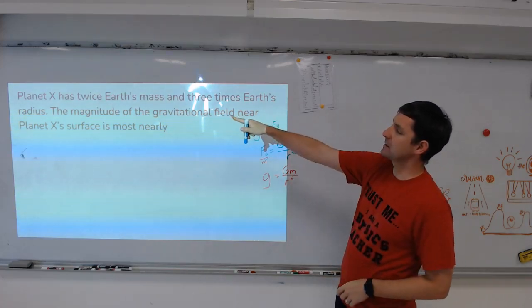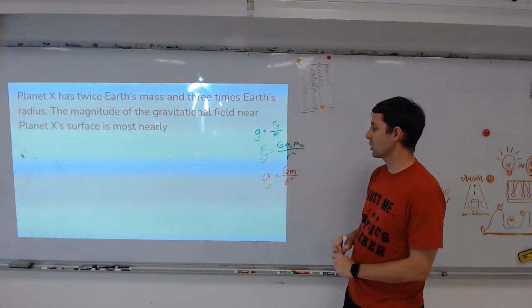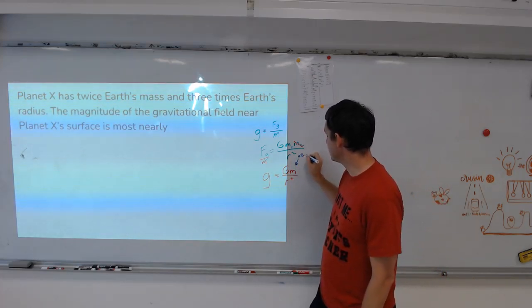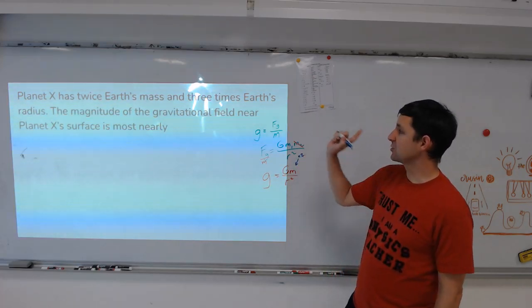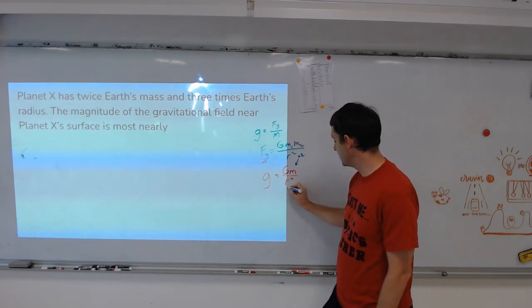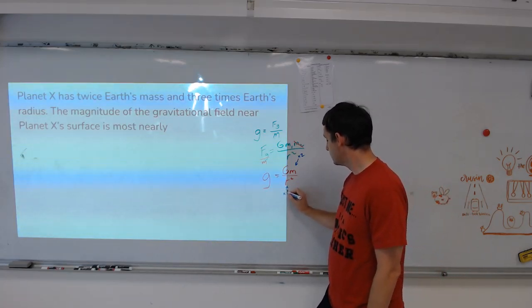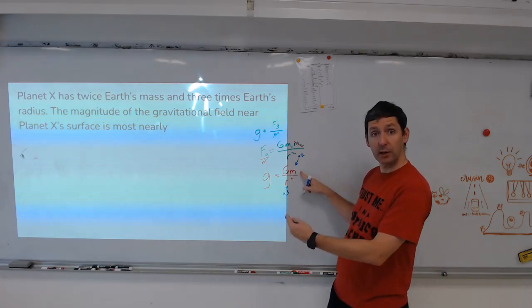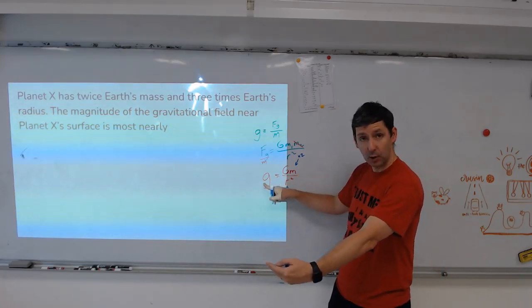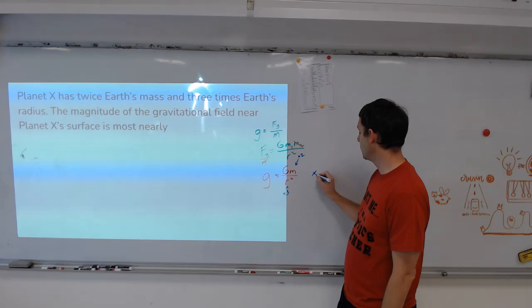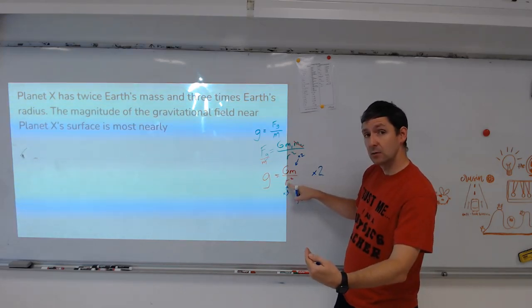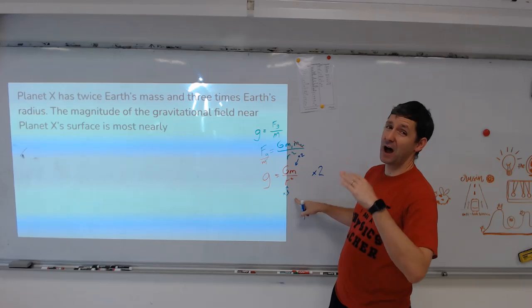Now here it says planet X has twice Earth's mass. So I'm going to take this number and I'm going to double it. And it says 3 times Earth's radius, so I'm going to take this number and triple it. So what does doubling the mass do? Well, doubling the mass will double the field. So double the field here. If I triple the radius, remember, that's on the bottom, so I'm going to divide by it.